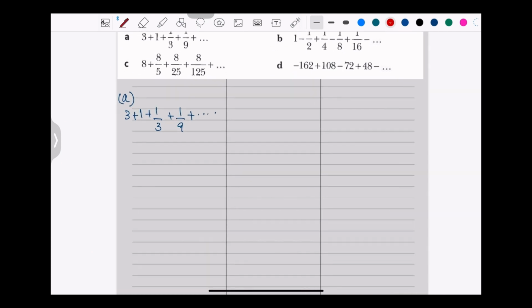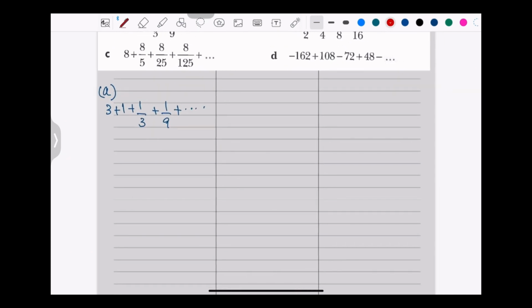Now if I take the data out, the ratio here is going to be 1 over 3 and the first term is 3, and sum to infinity will be a over 1 minus r, and in this scenario 3 over 1 minus 1 over 3. So S infinity becomes 3 over 2 over 3, which is 9 over 2.